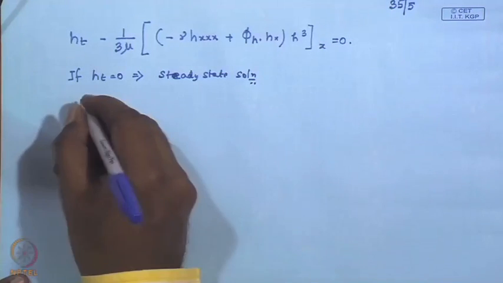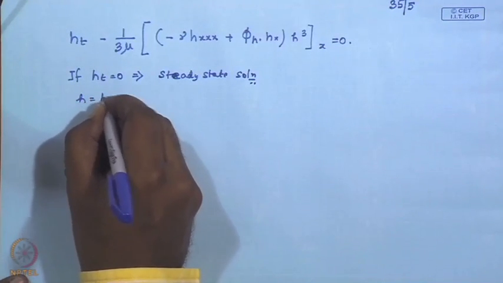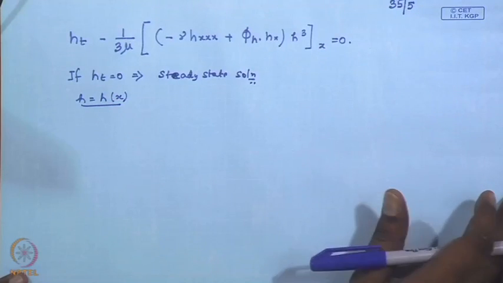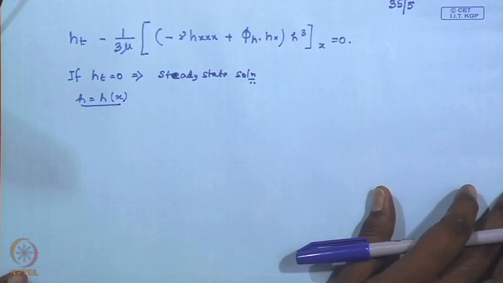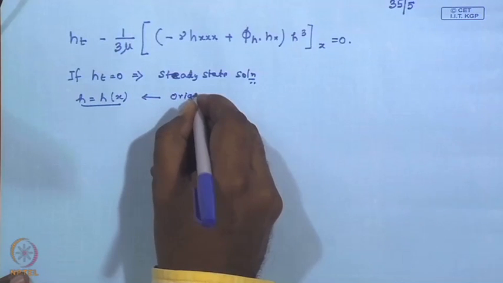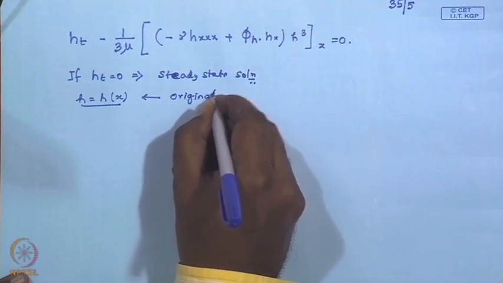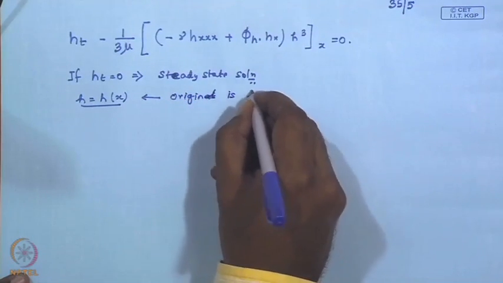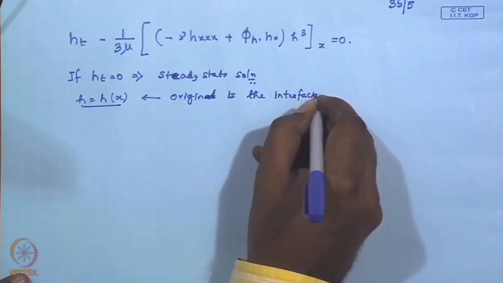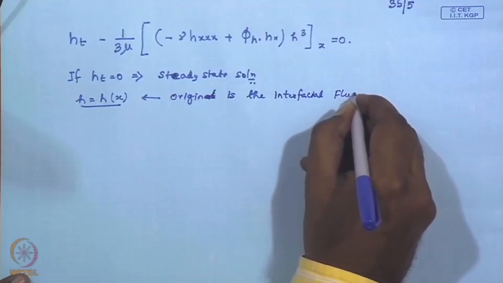However, we know that h is a function of x, h x, which is essentially a non-uniform steady state, and as it is not flat, its origin is the interfacial fluctuations.